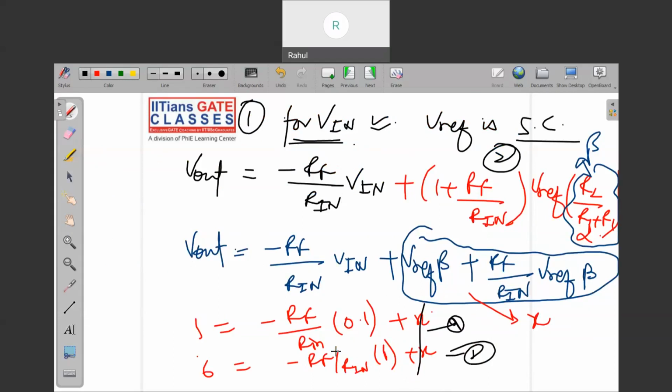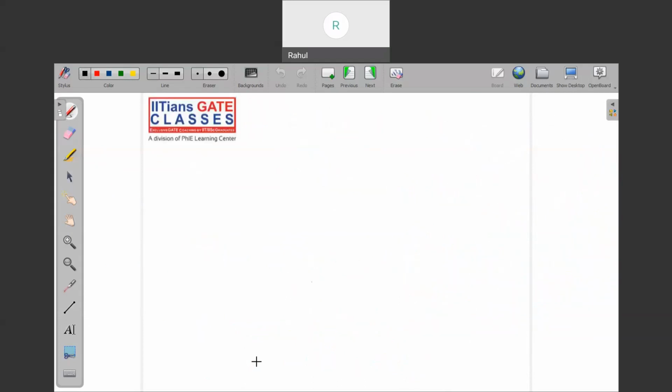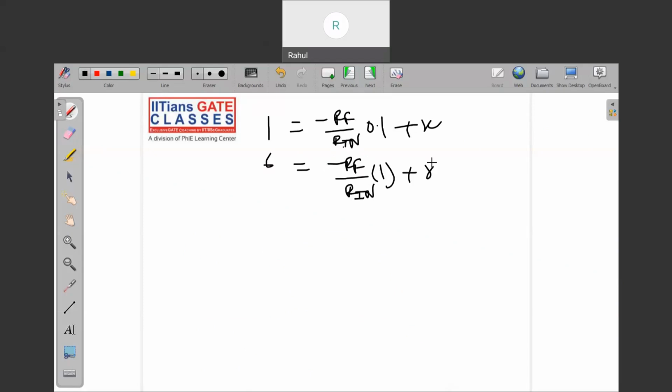So you can see here, you can subtract, right? So let me write 1 and 6 here, that is Rf by Rin, 0.1, already cancelled, right? Plus x and minus Rf by Rin, that is 1 plus x. So let me subtract.